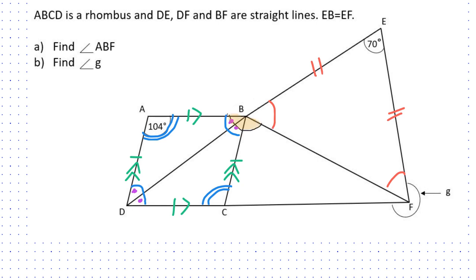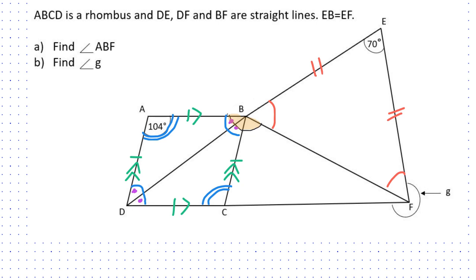Okay, so in question A, we need to find the value of angle ABF, which I have highlighted here. So we see that this portion of the angle ABF belongs to rhombus ABCD. So let's start off by finding the value of the angle marked in blue. So in a rhombus, the sum of these two angles are equal to 180 degrees.